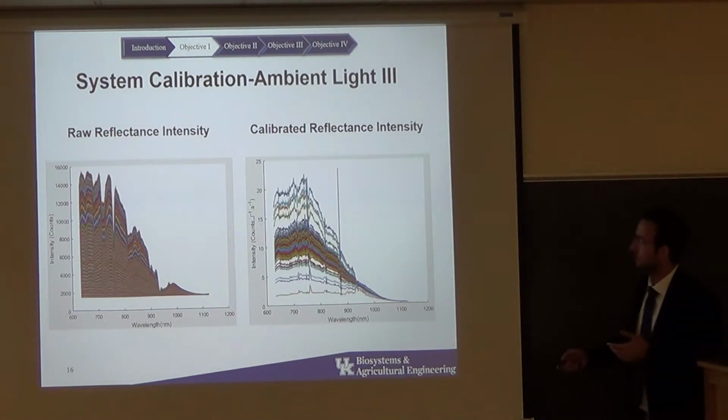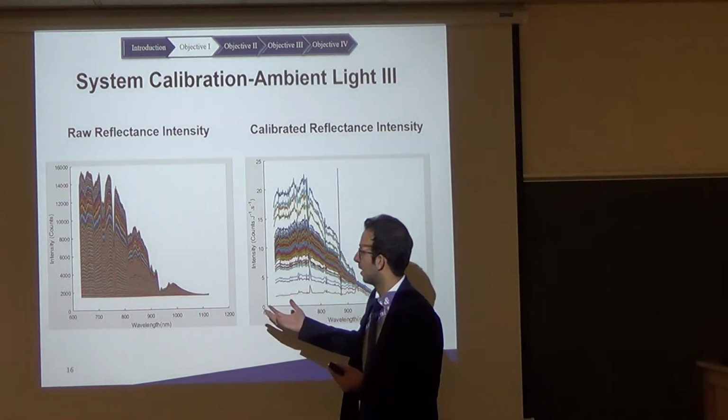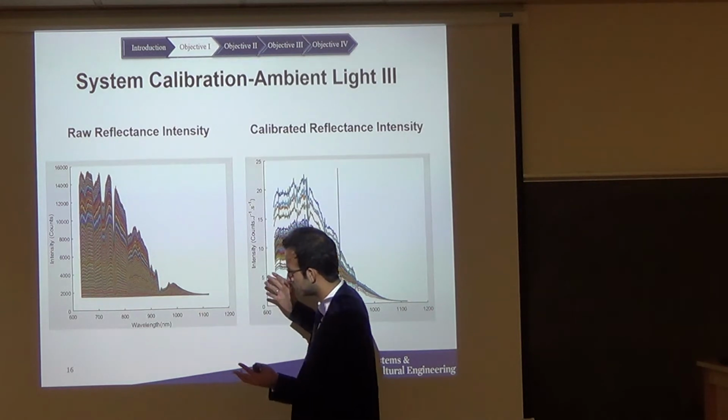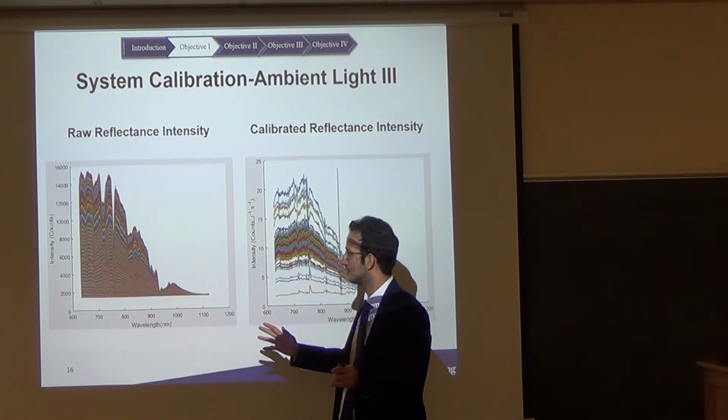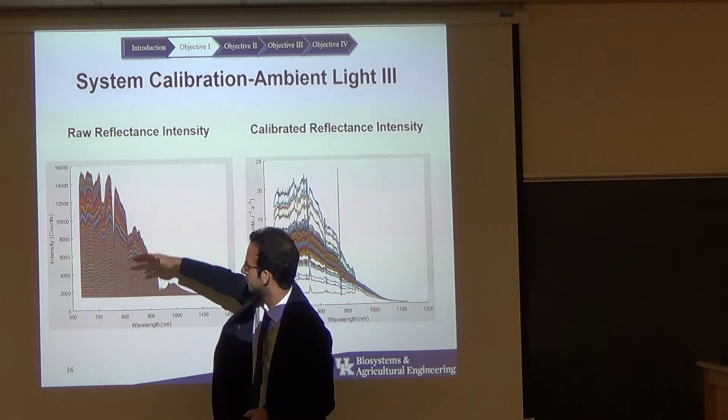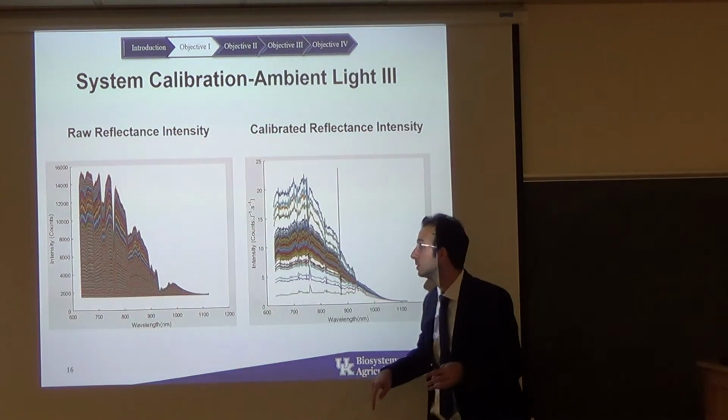We are pretty sure the ambient light has a huge effect on it. For example, we don't change anything, we have the same target, everything is the same, but when the ambient light is changing, you see how high the variability is.